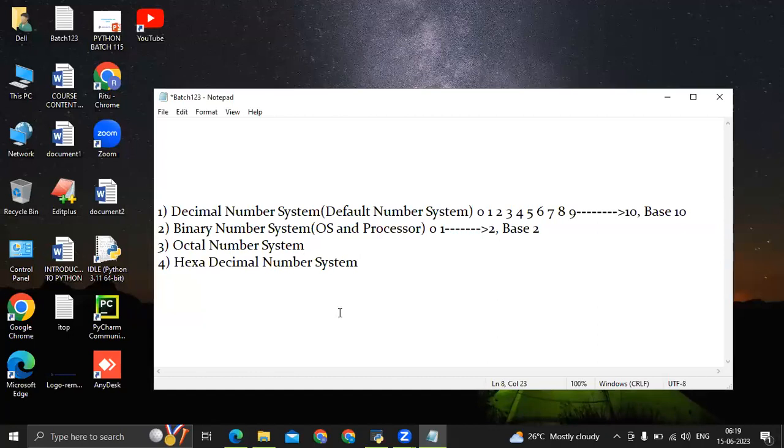Now, let's talk about the octal number system. It has the digits from 0 to 7, and this number system is used in microprocessor programming.